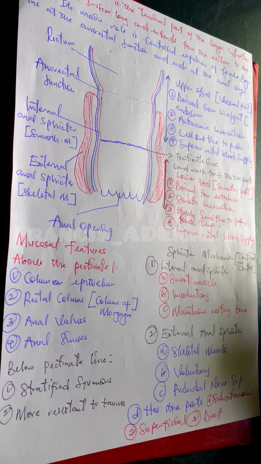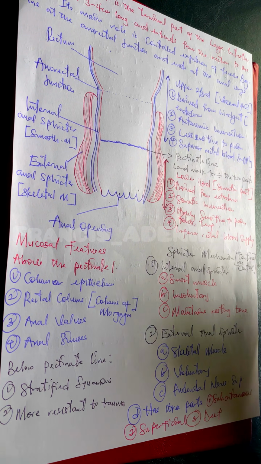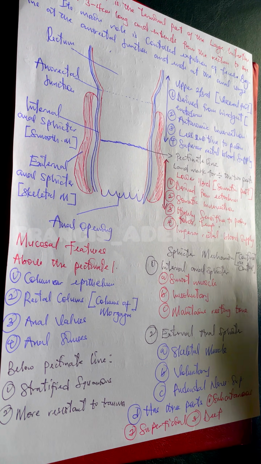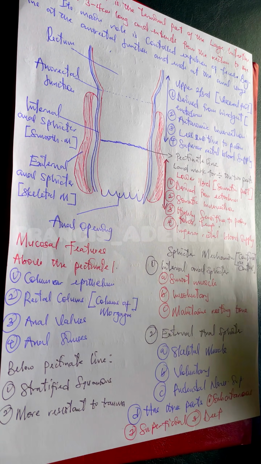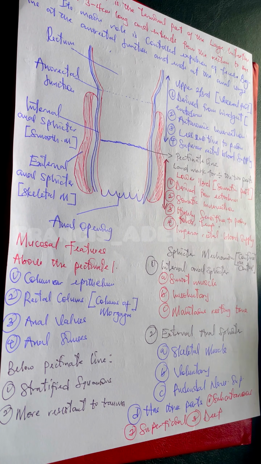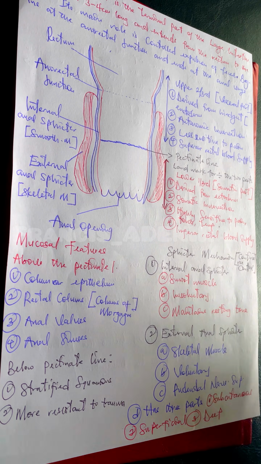The sphincter mechanism is also known as the continence control, and it can be discussed under two main subheadings. The first is the internal anal sphincter, and the second is the external anal sphincter.